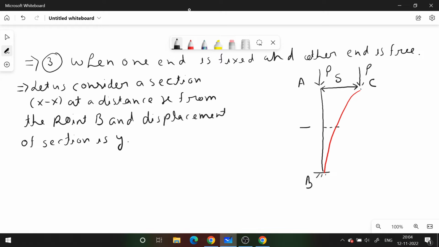Consider a section XX at a distance x where total displacement is y.